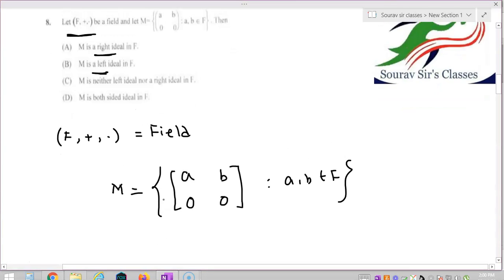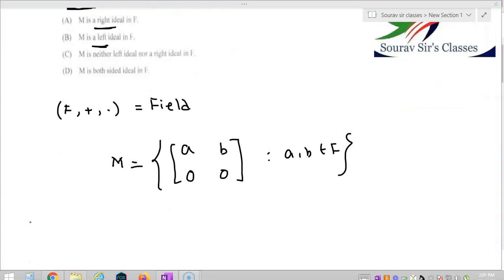The definition of left ideal: let R be a ring, (R, +, ·) be a ring.